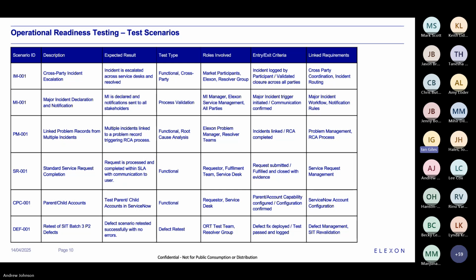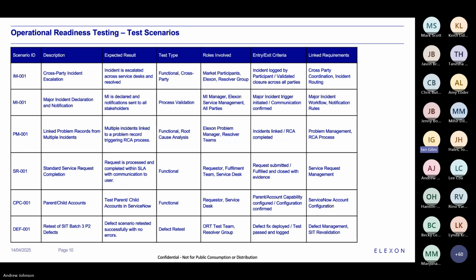So each script will address each scenario, and this is the list of scenarios we are working from at the moment. Again, it's in the consultation document, and if you feel there need to be more scenarios or they don't quite hit the mark, please provide feedback on the consultation document and we can have a look at that. That pretty much covers, from a high level, what we're going to base the test scripts on, including the cross-party incident escalation.